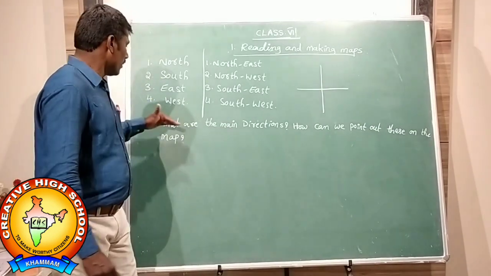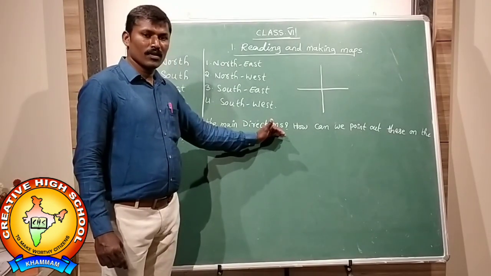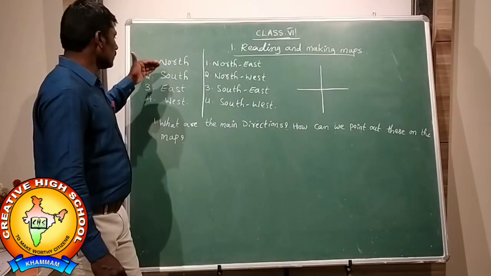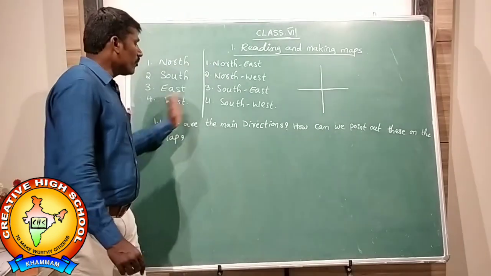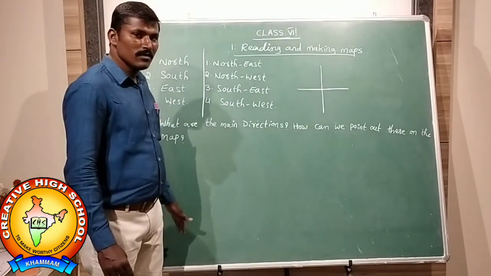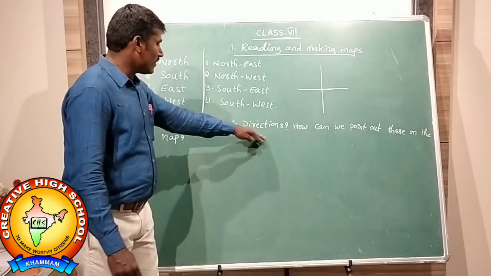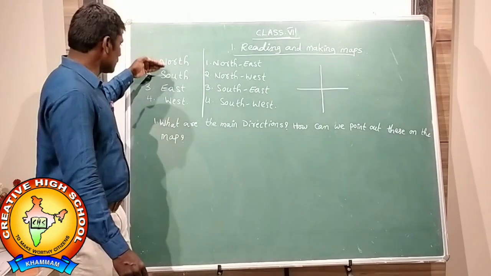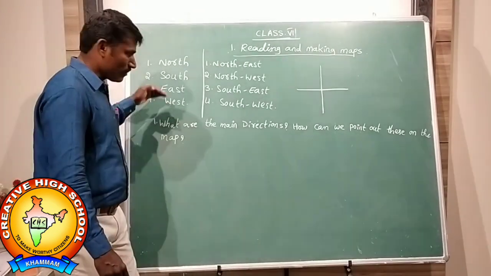Simple. What are the main directions? North, south, east, west. How many directions are there? 4 directions. What are they? North, south, east, west. Okay.